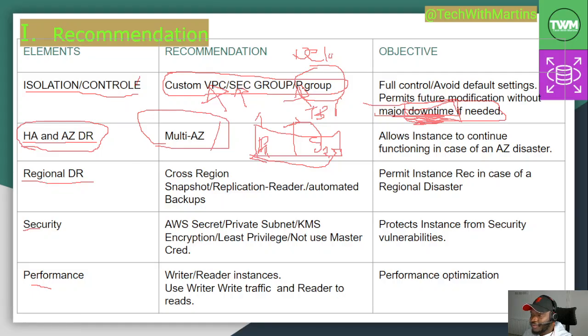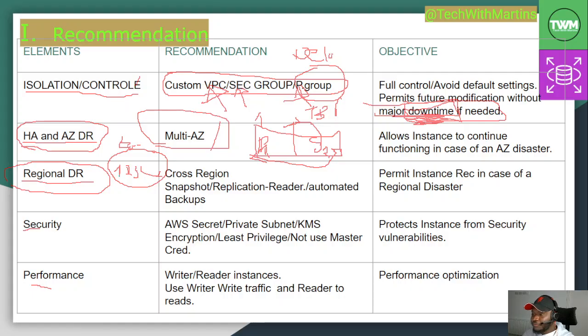And for regional disaster recovery, remember guys, when you go for multi-AZ, you're going to have AZ1, AZ2, AZ3, AZ4 in a region. This region could be US East 1, right?